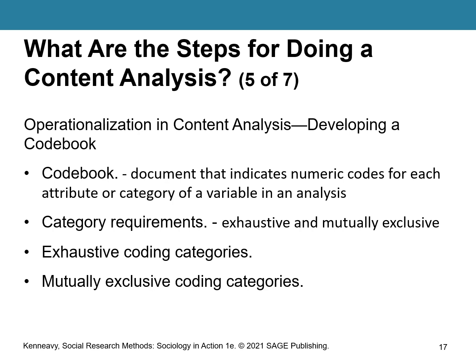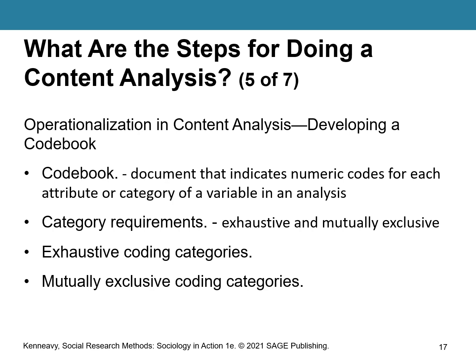The code book is a document that indicates numeric codes for each attribute or category of a variable in your analysis, as well as detailed directions about how to code each variable in the study. So it gives that background information to whoever is reading and interpreting your research, or even somebody working with you, so everyone is on the same page.